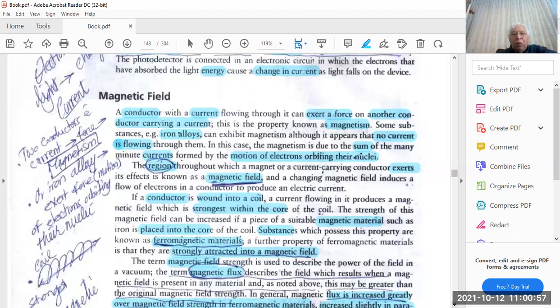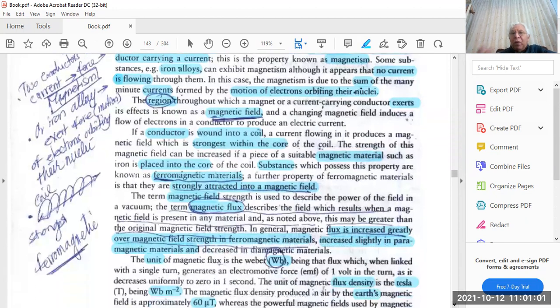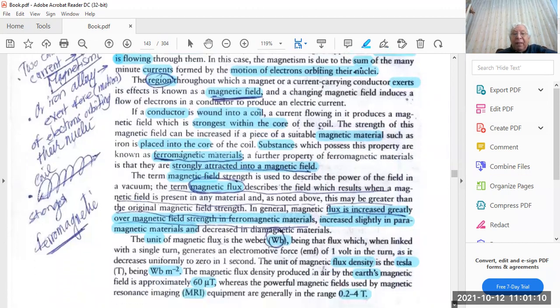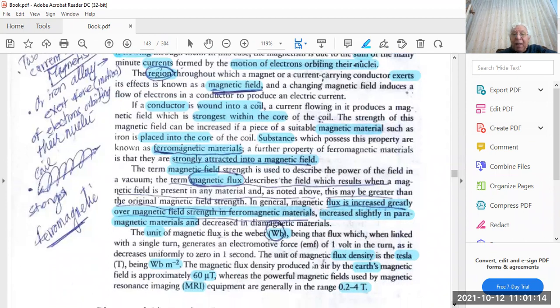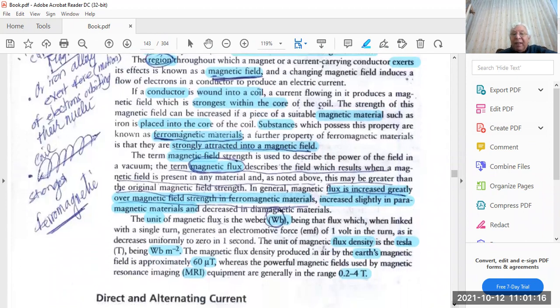We also have what we call magnetic flux, which is more than the magnetic field. It has a density, and its unit is the Weber. The magnetic flux density is called Tesla, which is Weber per square meter.